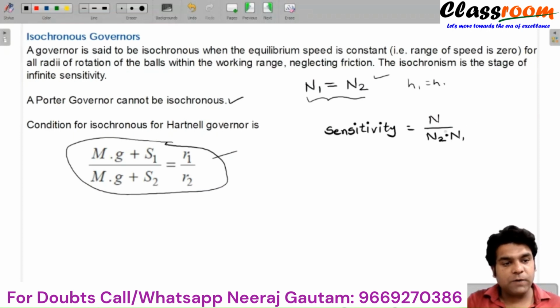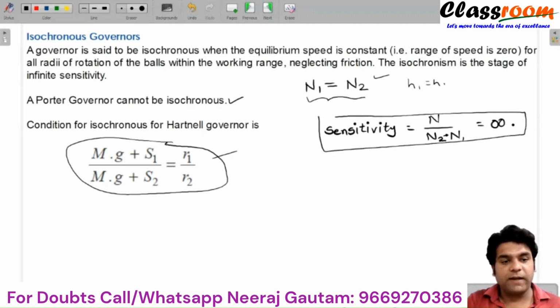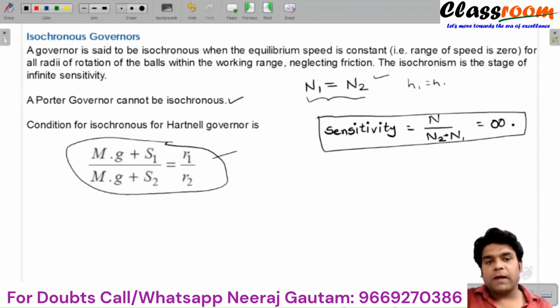If n1 equals n2, the parameter becomes this, so the sensitivity of the governor becomes infinite. This is not a practical case because in practical situations friction is also there, and isochronism is only thought of for ideal cases.